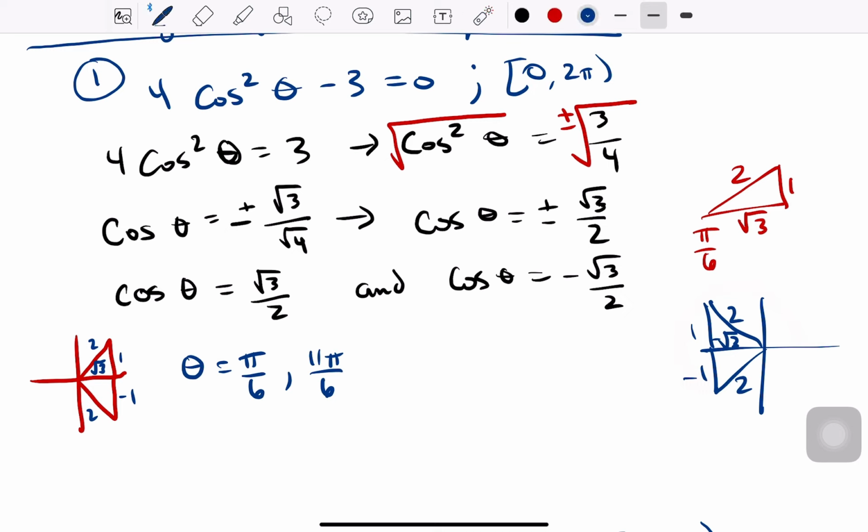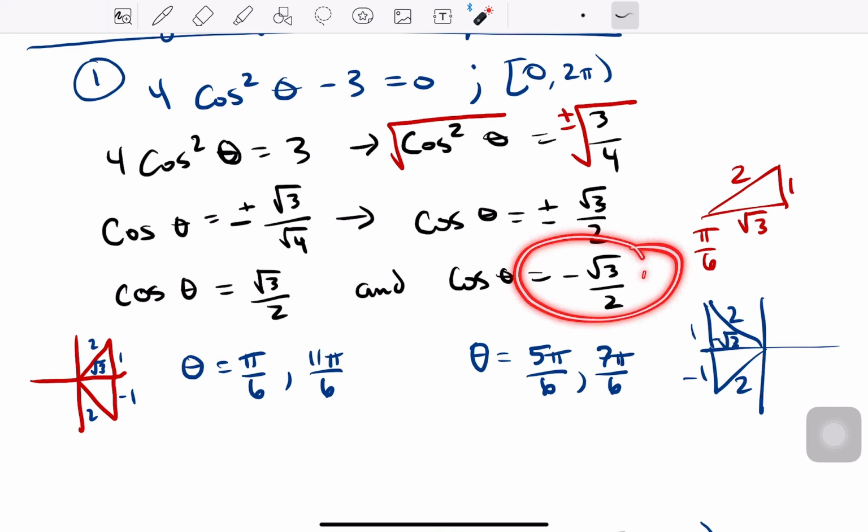If you don't already know, please again watch a unit circle video. That one should be 5 pi over 6. Okay, and the next one should be 7 pi over 6. So 5 pi over 6 and 7 pi over 6 are what theta has to be so that this is equal to the right hand side.